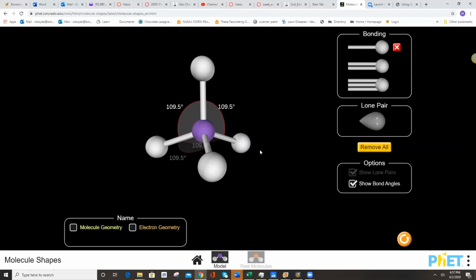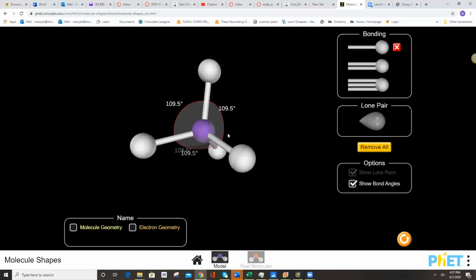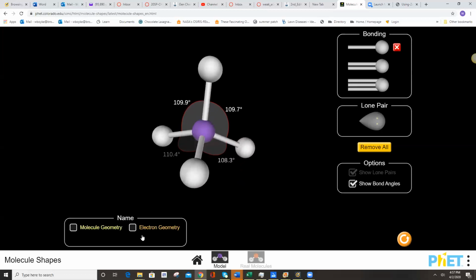A four-sided three-dimensional figure is a tetrahedron. So this is similar to a tetrahedron, so we call this tetrahedral. That's how these electron groups, remember these are the sticks, are situated with respect to each other. So our electron pair geometry is tetrahedral.